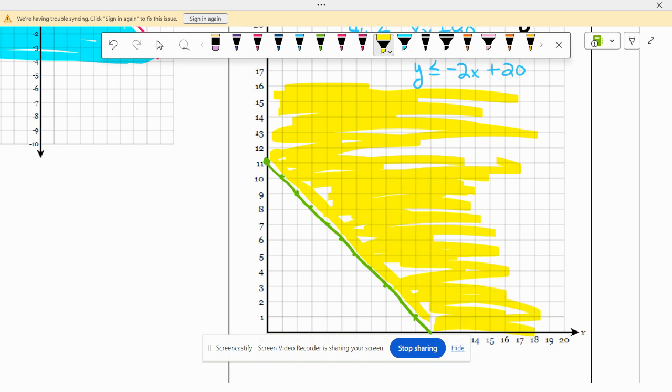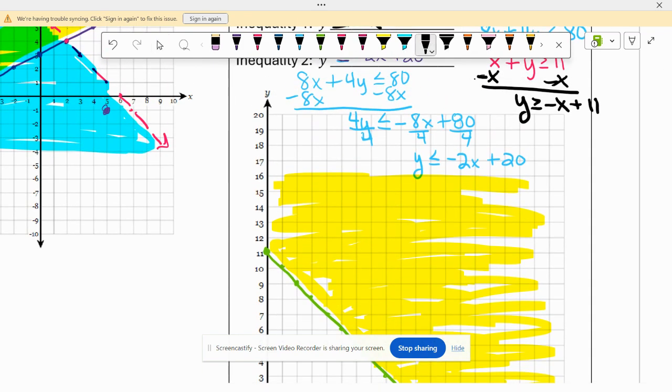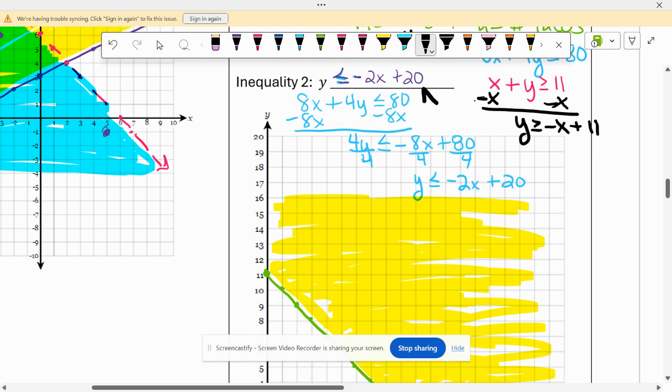When I graph the second inequality, I begin at positive 20 because my y-intercept is 20. So this is my y-intercept, b equals 20, and my slope is -2. So I begin at positive 20 and I go down 2, right 1, down 2, right 1, and I continue that pattern.